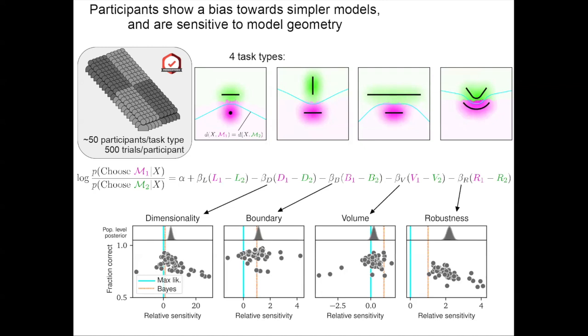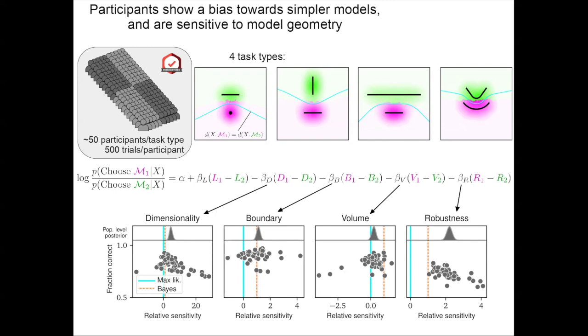The two vertical lines here: the blue one is what you would expect in the behavior of somebody who didn't care at all about simplicity, just did maximum likelihood. And the orange line is what you would expect from an ideal Bayesian observer, which would follow Occam's mandate religiously.